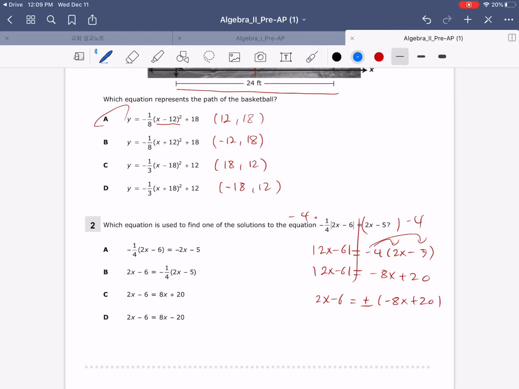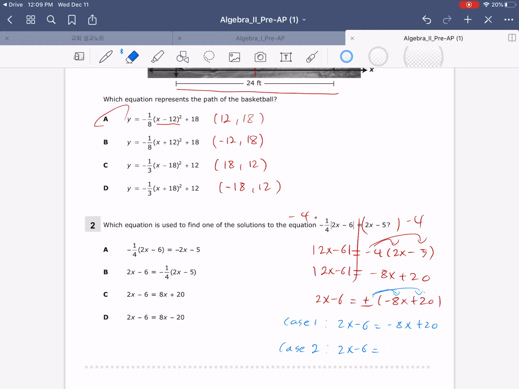So case 1 is 2x minus 6 is equal to, when this is positive, if you distribute positive, negative 8x plus 20.